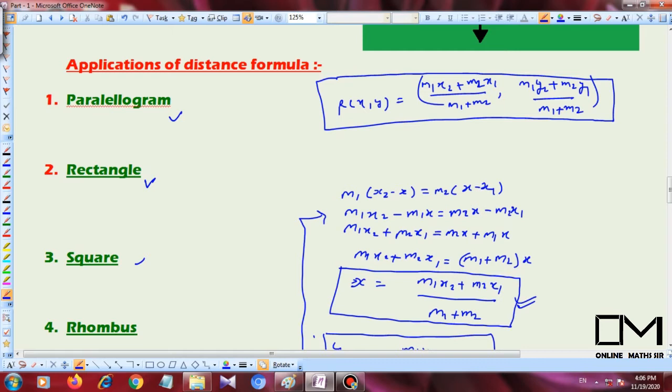There are two methods to prove that the coordinates form a parallelogram.